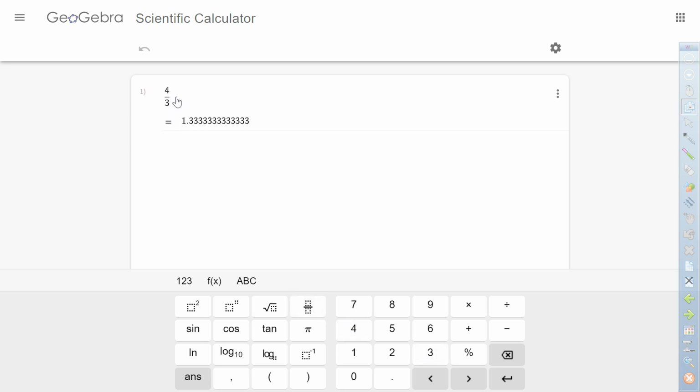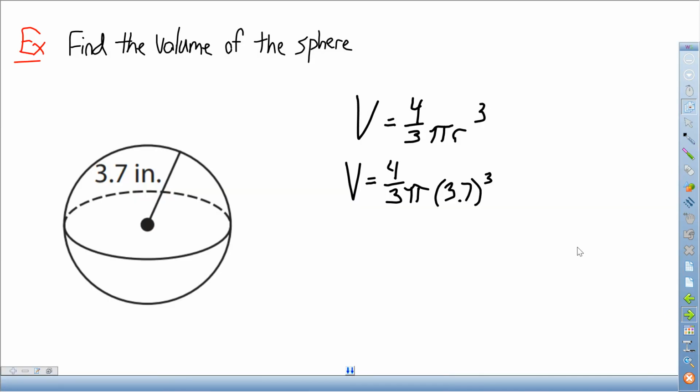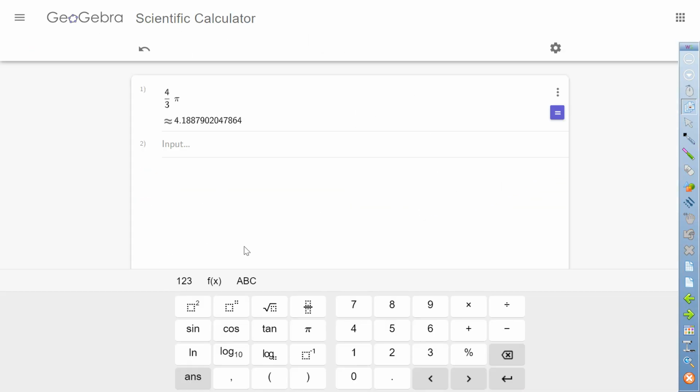Okay, and then moving the cursor next to it, times pi r cubed, and our radius on this one, just a reminder, was 3.7. So pi, 3.7, and then to do cubed, we don't want to hit this button because this is just for squaring. We actually want to hit this one right here, and this one lets us take something to any power. So this means to the power of, and then we can say 3.